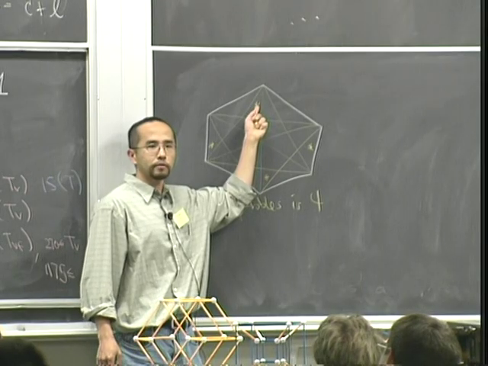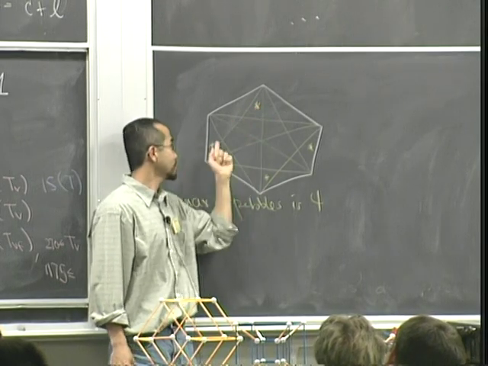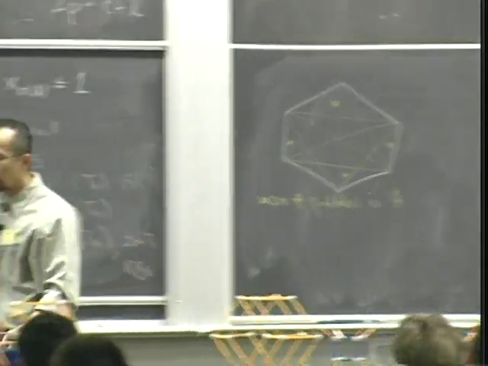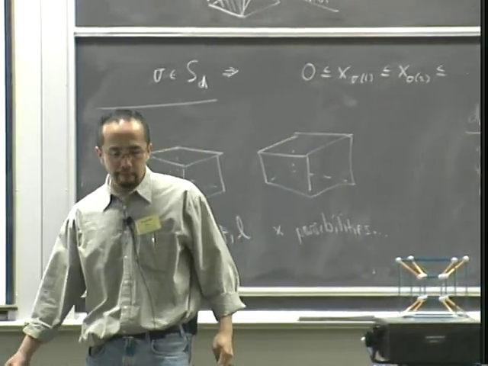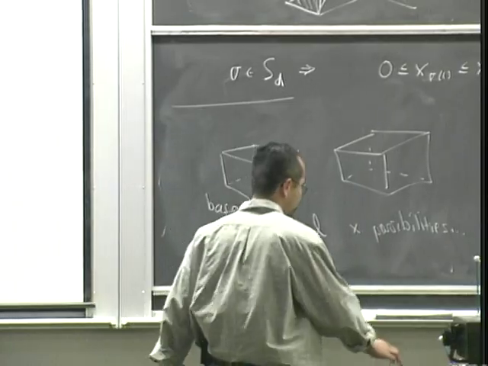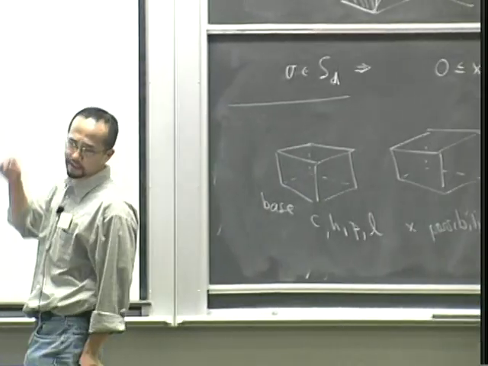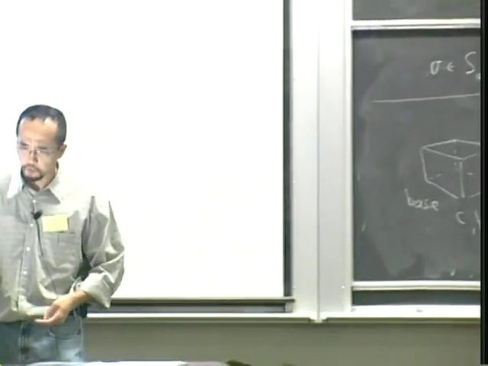I could also use fractional pebbles, as long as the sum of the pebbles inside each simplex doesn't add up to more than 1. This is like fractional graph theory, for those of you who know about fractional graph theory. And fractional pebbles, in fact, you might be able to do better. And in fact, you should be able to get 16 with fractional pebbles by a certain duality, linear programming duality.